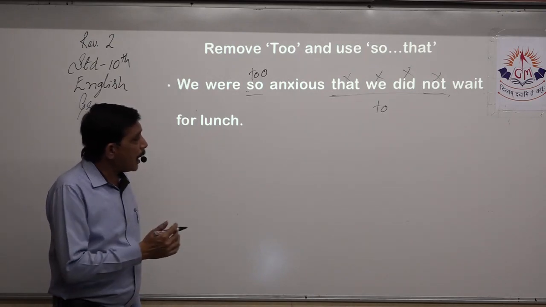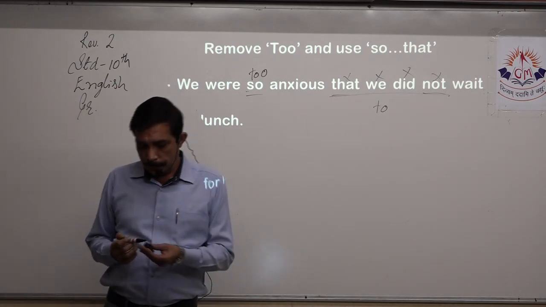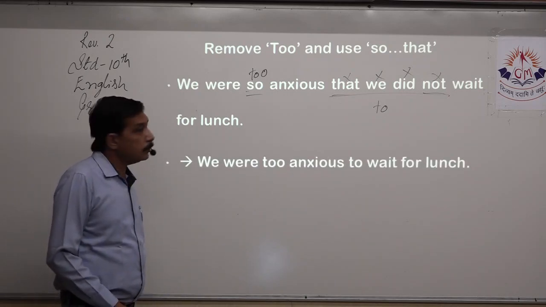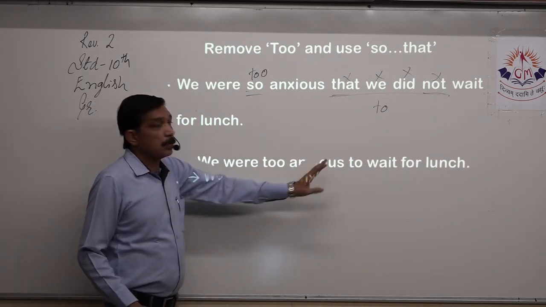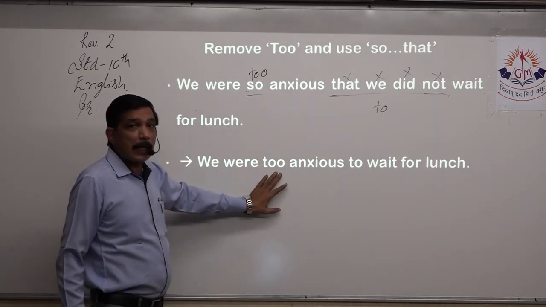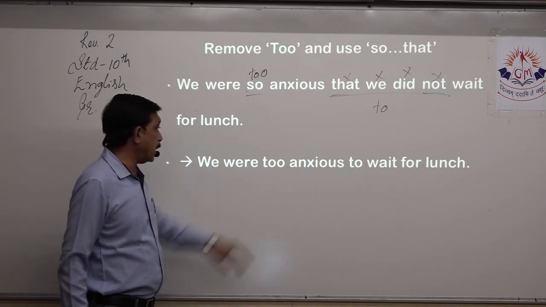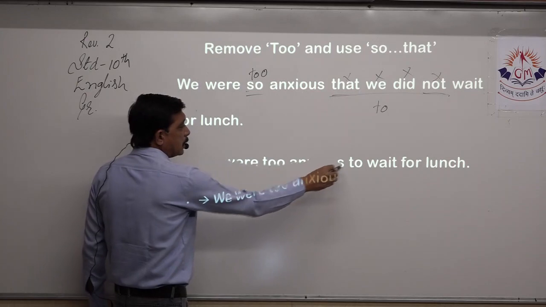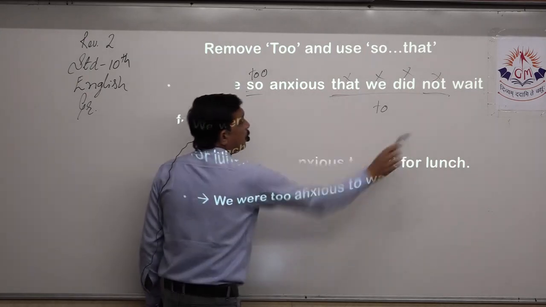We were too anxious to wait for lunch. Now, if I want to change it to here, to is there, negation is not there. We have to insert negation. And so anxious that. We were so anxious that we did not wait for lunch.